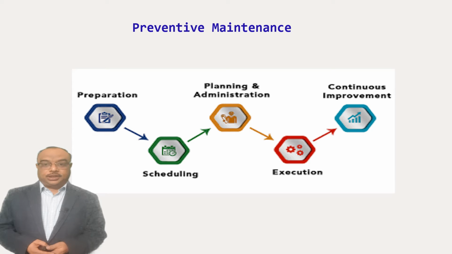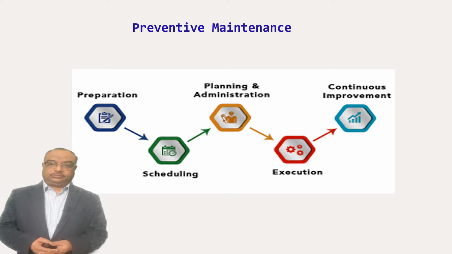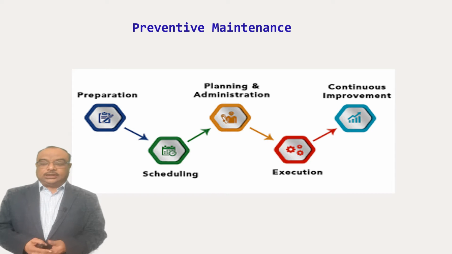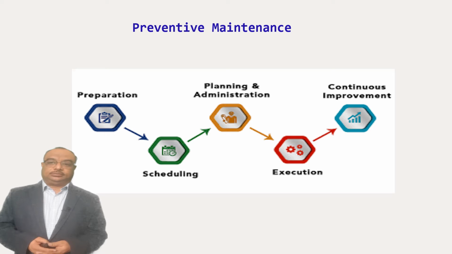The second is scheduling. People start from this scheduling, preventive maintenance scheduling. The third is planning and administration: at the time of maintenance, what kind of plan is required and what kind of administration is required. The fourth is execution: whatever we have planned and whatever we are planning for the administration, we have to execute.